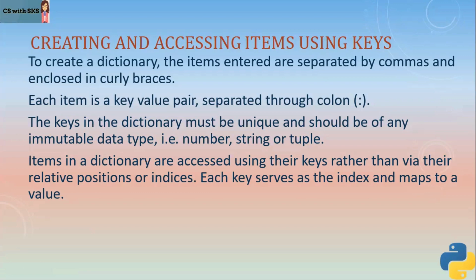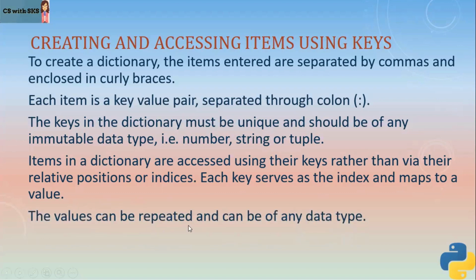We do not use index value. Instead, we use key values to access the individual elements. So each key serves as the index and maps to the value, right? The values can be repeated and can be of any data type.